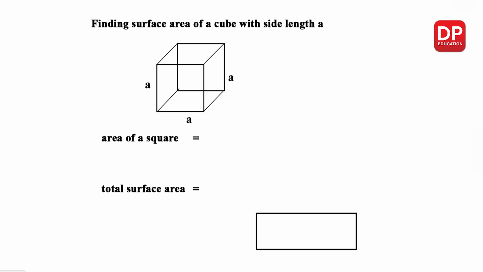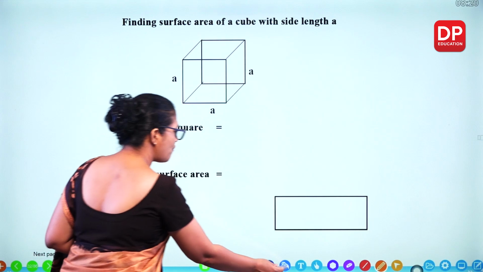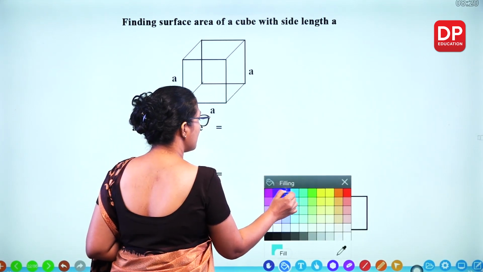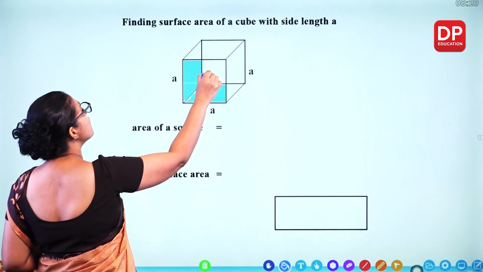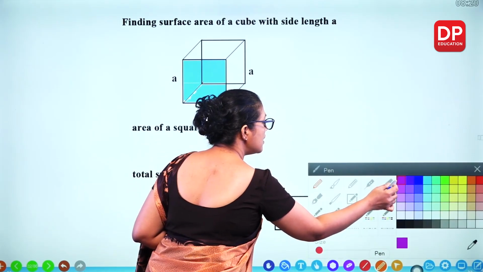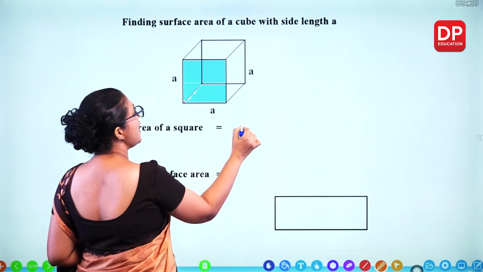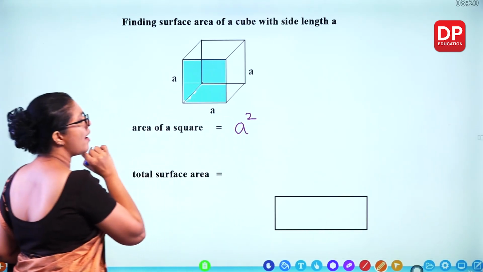Finding the surface area of a cube with side length A, we can write a formula using A. What's the area of a square? A times A, A squared.